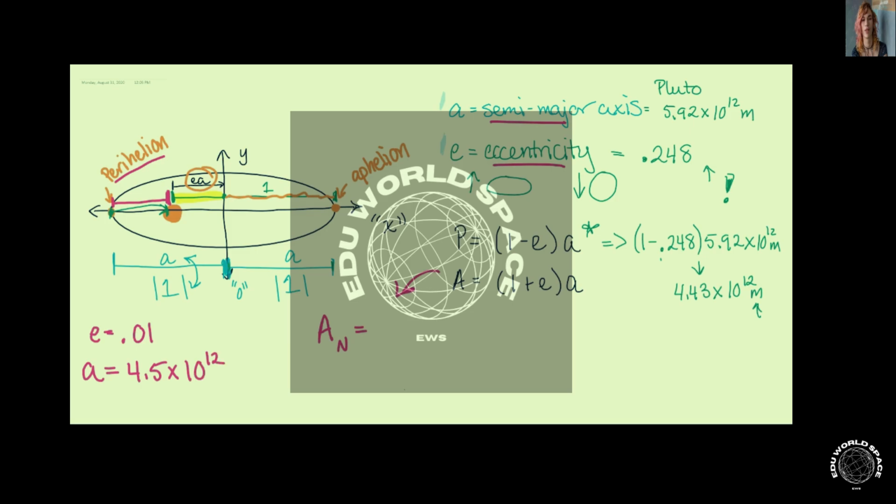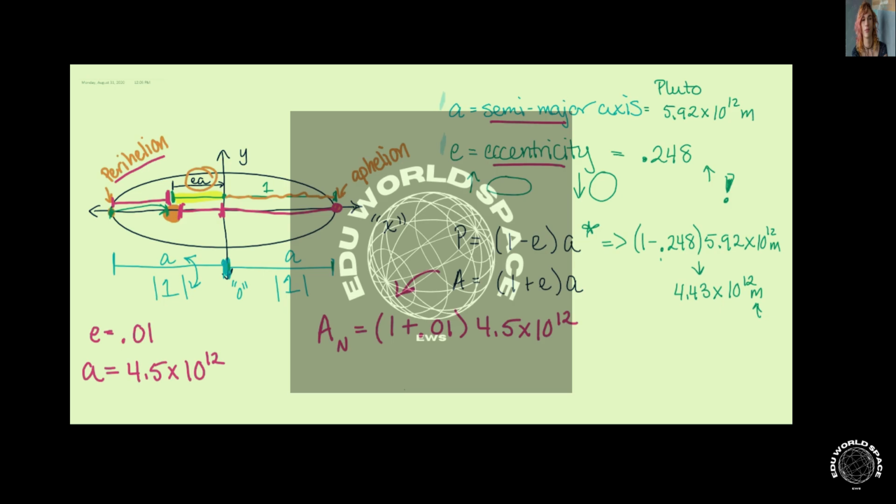Okay, so once again, we're talking about aphelion. So it's this whole 1 value plus the EA, right? Cool. So it's going to be 1 plus 0.01 times 4.5 times 10 to the 12.